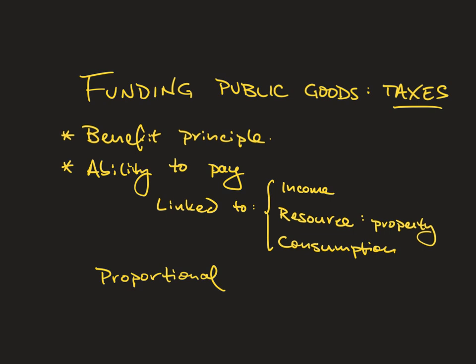A tax can be described as proportional, which means a fixed percentage of income. So, for example, a flat 15% income tax is a proportional tax. A consumption tax of 15%, in other words, like a sales tax that's 15%, would also be considered a proportional tax.